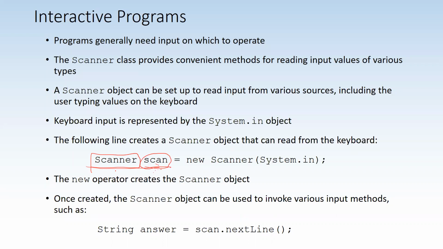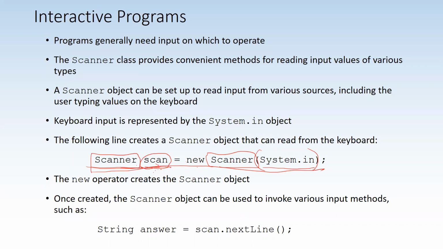And this is how you declare a scanner object. Scanner scan equals new Scanner, the same name as your class name. And in the parentheses, the parameter is called System.in. System.in means getting input. System.out means getting output, right?